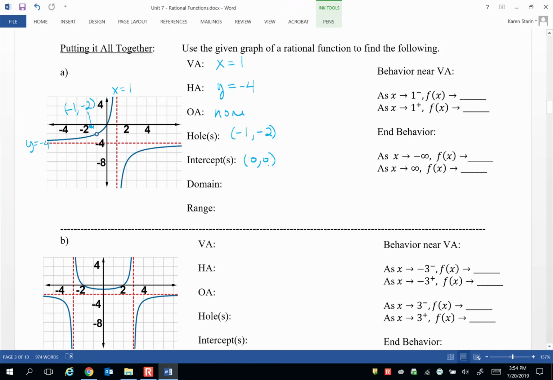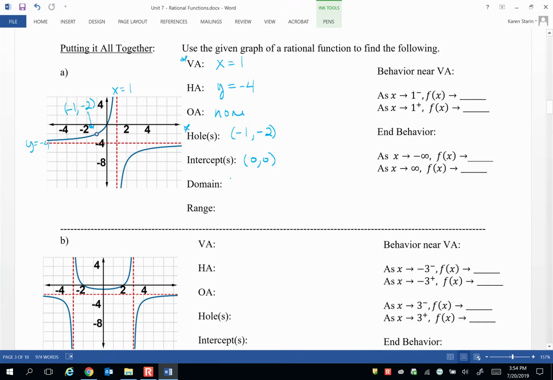Now, reading the domain, as I read from left to right, I have a couple of excluded values. I cannot equal the value that documents the hole, and I cannot equal the value of x that is the vertical asymptote. So I have two excluded values here, -1 and +1.